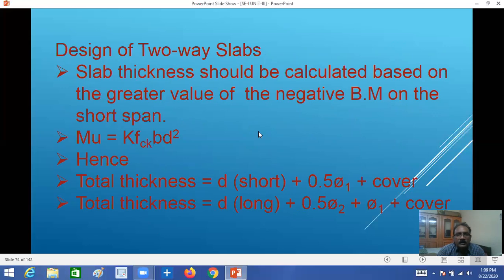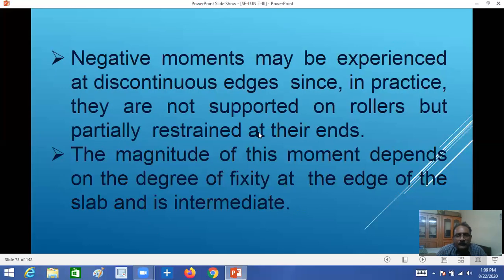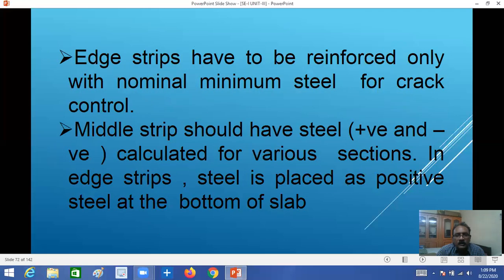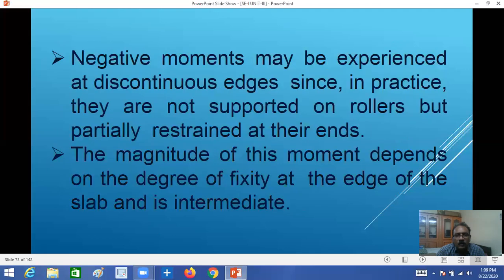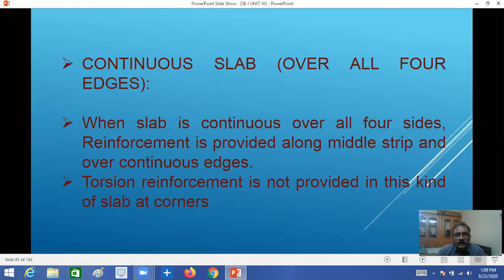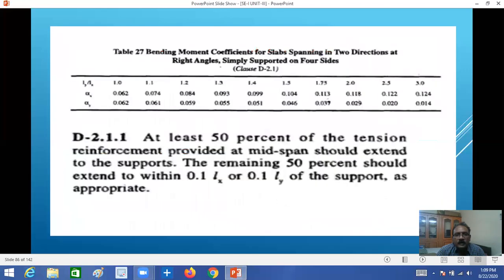So what is a two-way slab design? Before going to two-way slab design, once again I will show you Table 26 here, right? If you see here, this is Table 27 where moment coefficients are calculated from the equation with alpha x and alpha y, and this is for simply supported slabs, that is, supported on four sides.